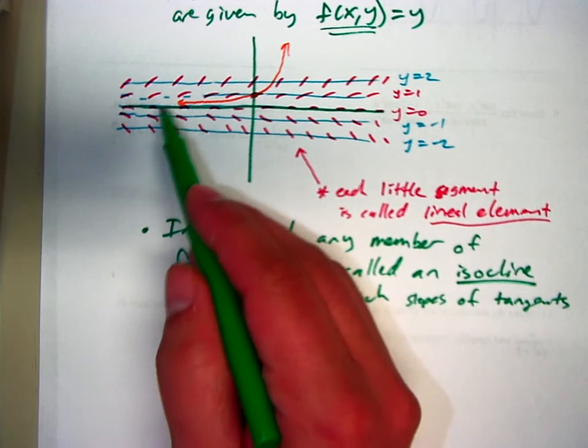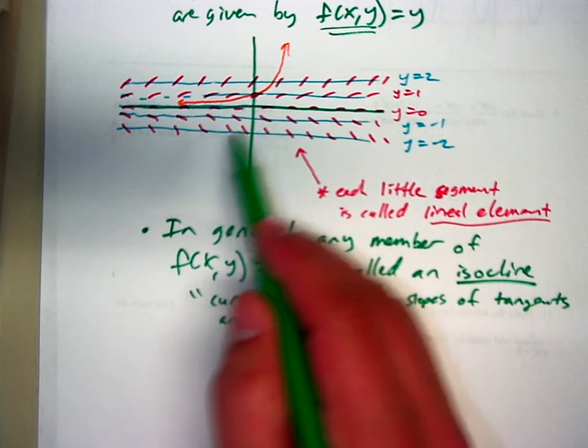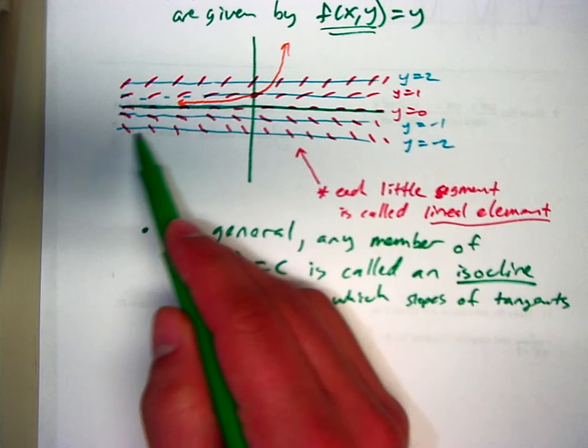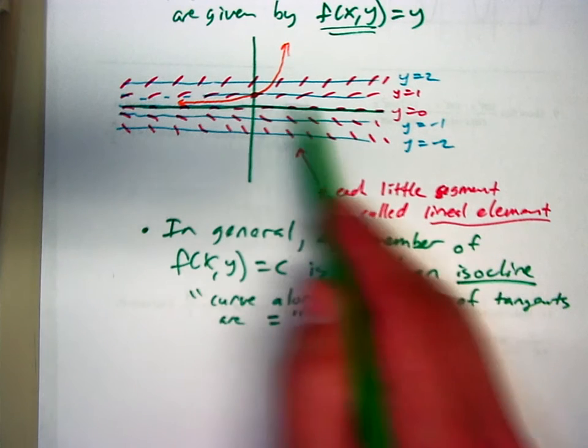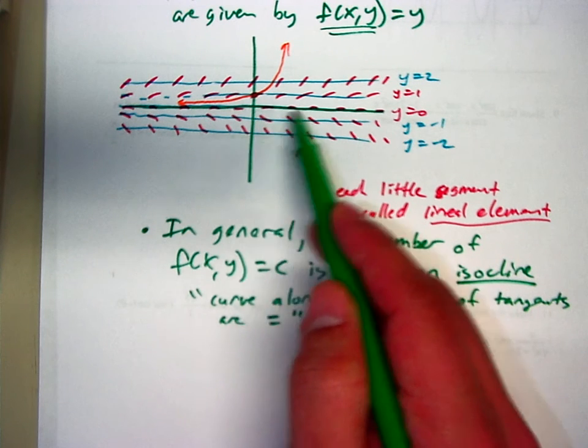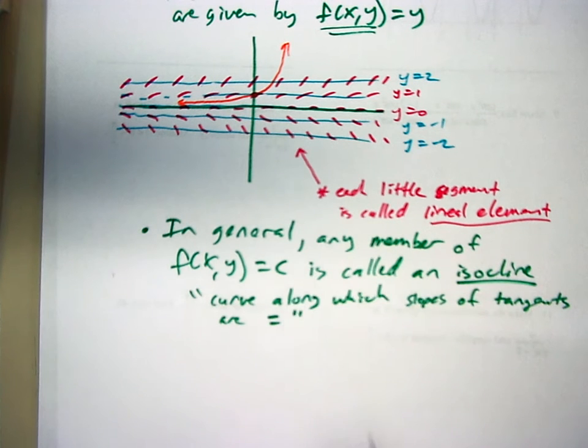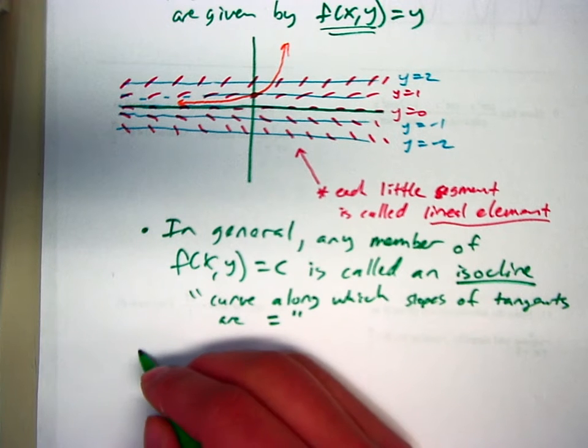So in this case, we actually drew 5 isoclines up here, mainly y equals 2, 1, 0, negative 1. So they're not quite curves here, but these blue horizontal lines would be 5 separate isoclines. Along these 5 horizontal lines, the slopes are the same. That's what that means. Okay? In this case, they were lines, but they certainly could be curves.